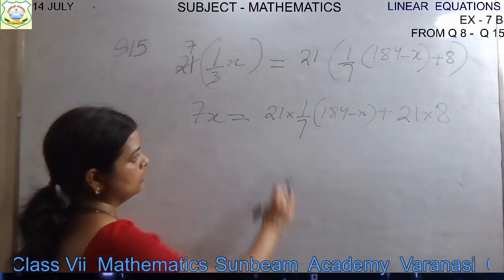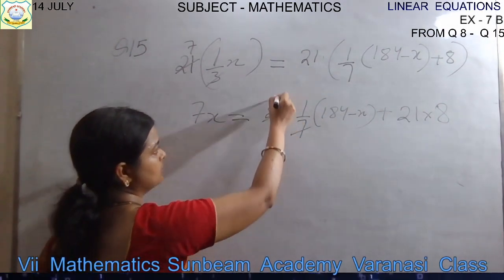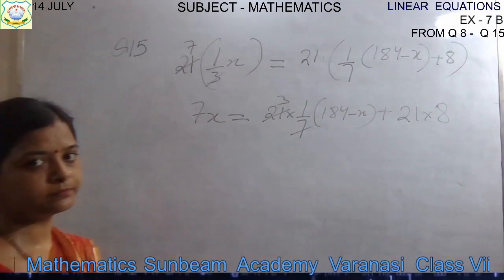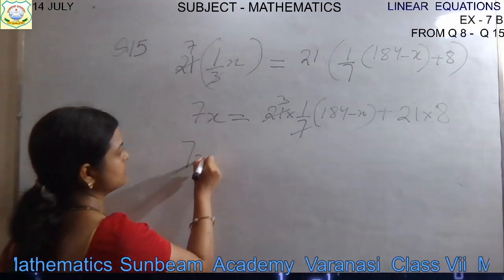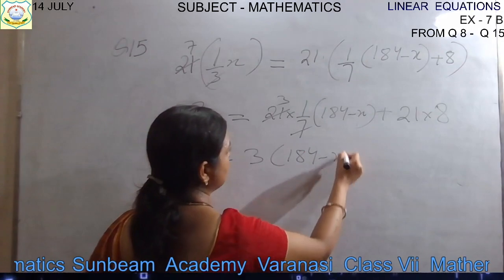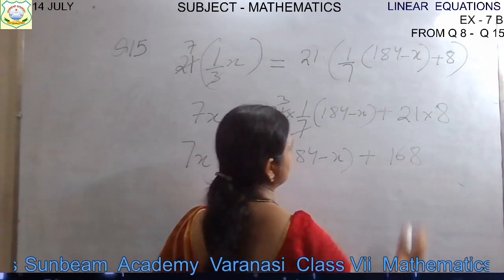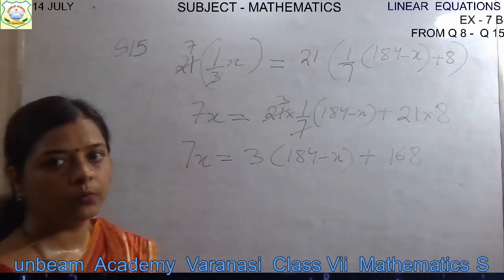Okay. This we can cut. Yes, it is in multiplication. 3 7s are 21. 7x is equal to 3 into 184 minus x plus 168. 21 into 8 is 168.